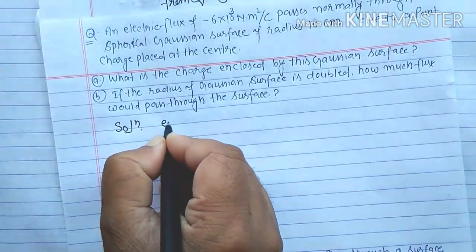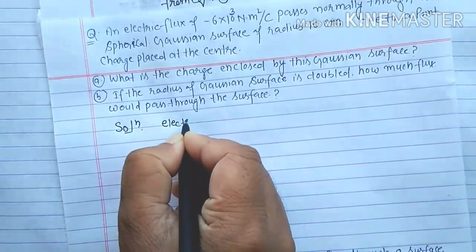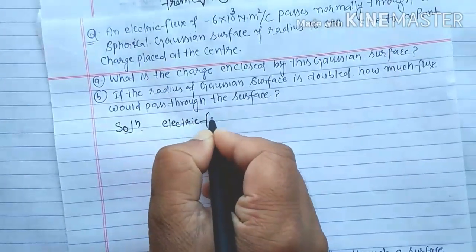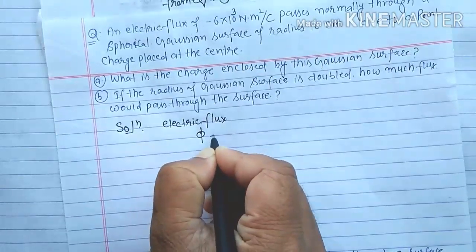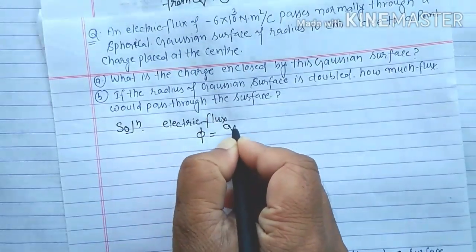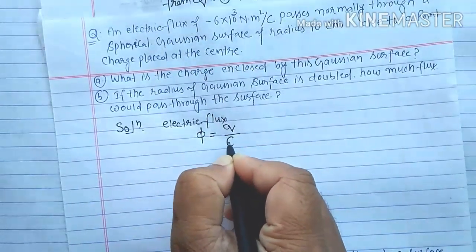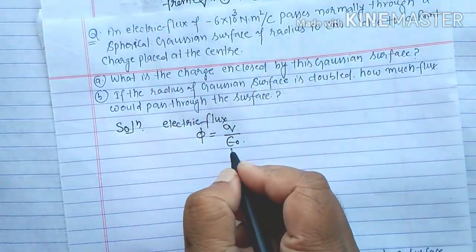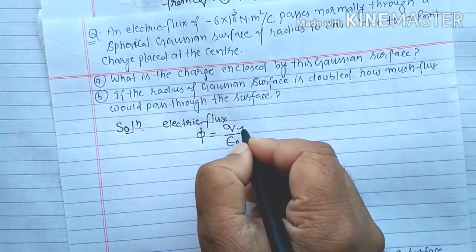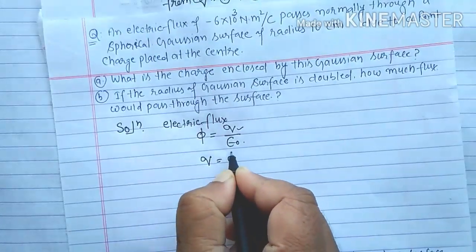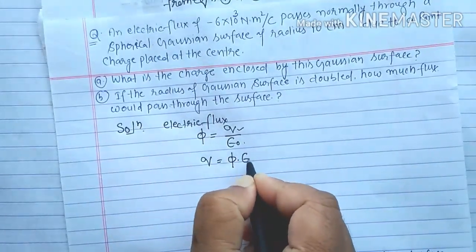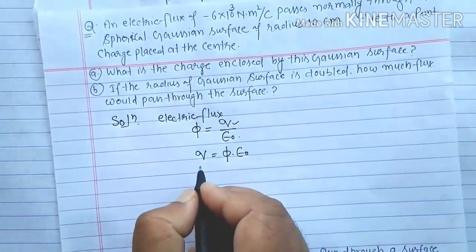So electric flux phi is given by Q upon epsilon naught, and we have to find this amount of charge. So cross multiply, Q is equal to electric flux multiplied by epsilon naught.